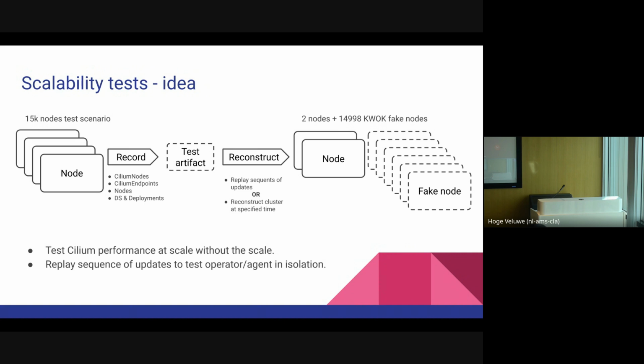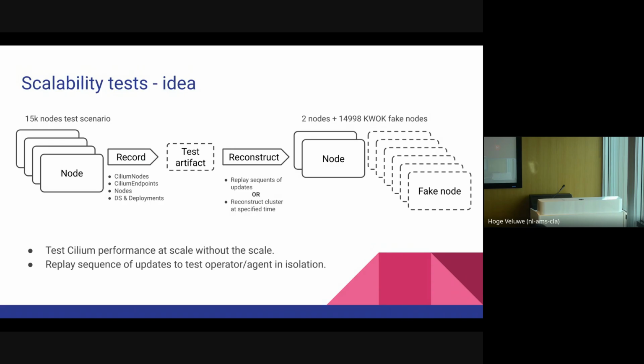Without, for example, making the Cube API overloaded, right? With 2 nodes, Cube API probably has enough capacity to support that, so I just don't care about anything. And then the setup is also a bit easier.